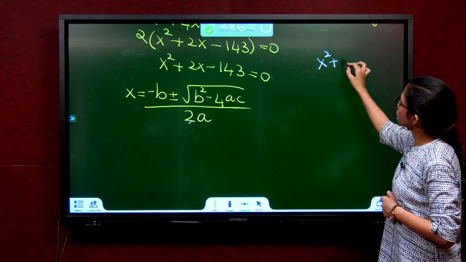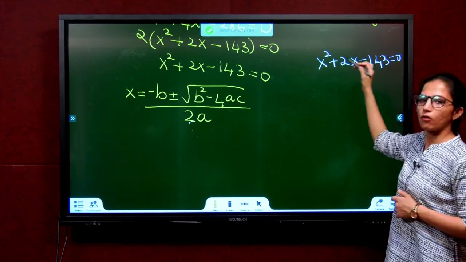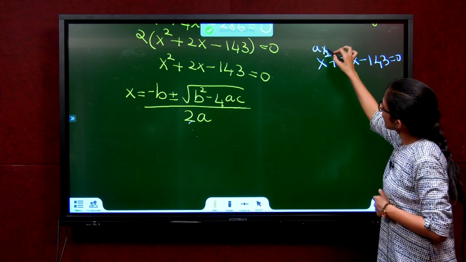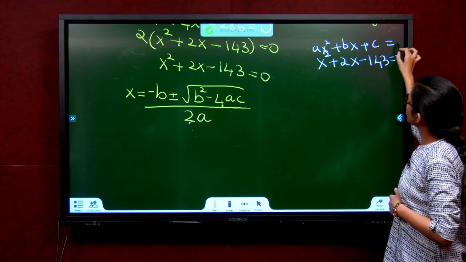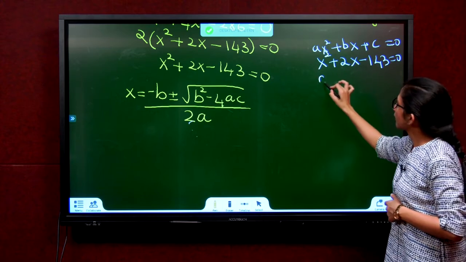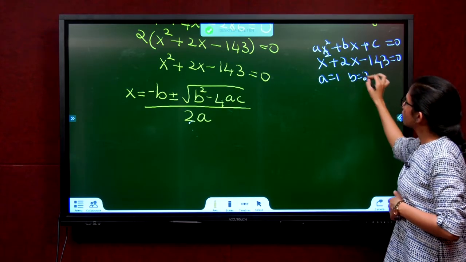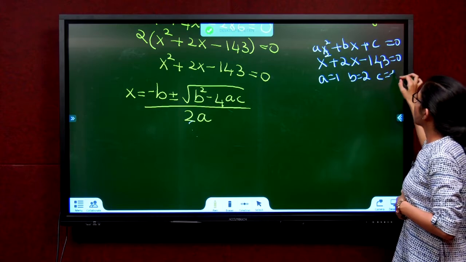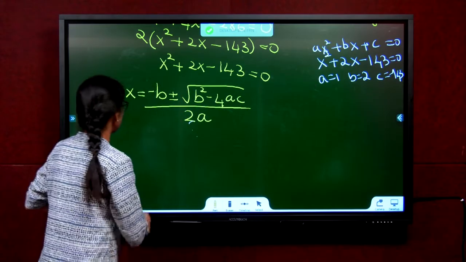x square plus 2x minus 143 is 0. General form is ax square plus bx plus c is 0. What is a? Nothing is there, so 1. What is b? 2. c, minus 143. Substitute that here.